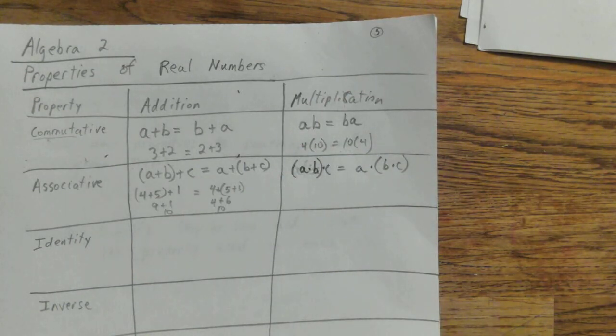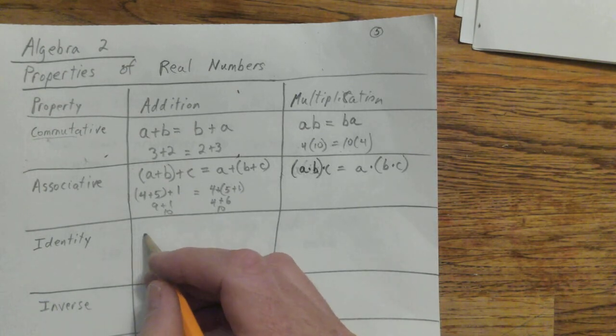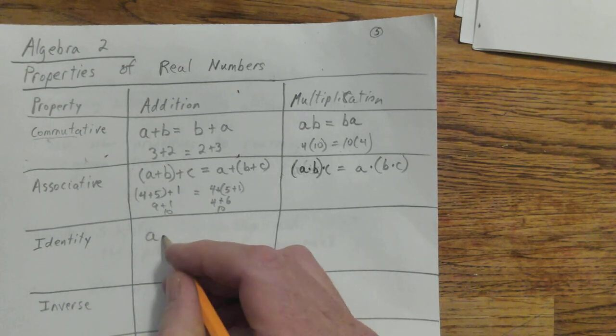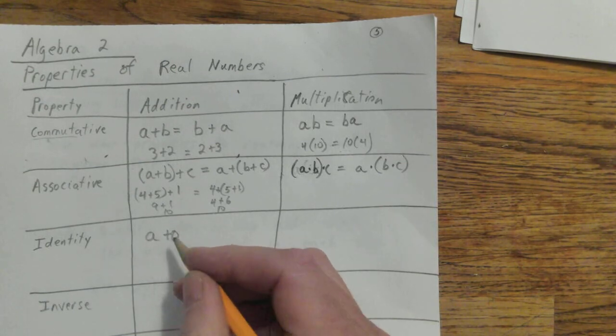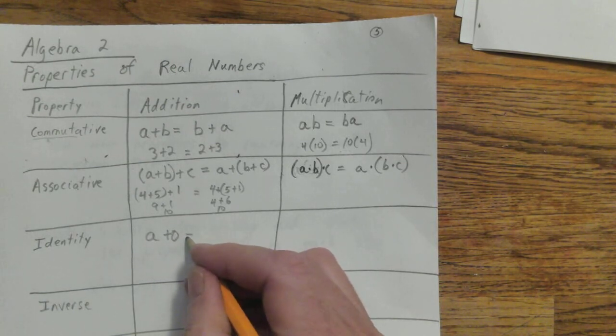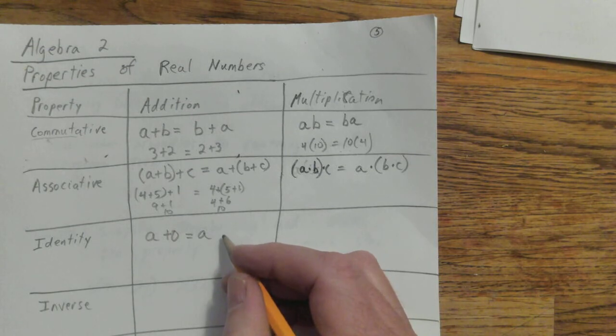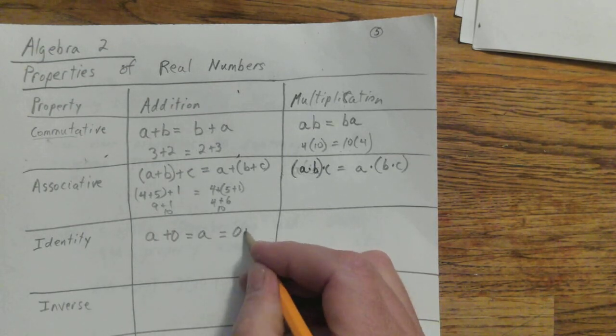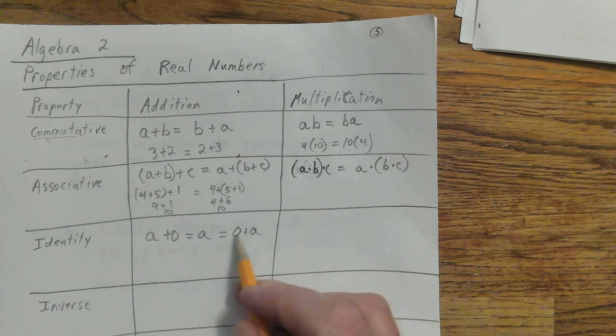All right, the identity property for addition. A plus 0 equals a, or 0 plus a is also equal to a.